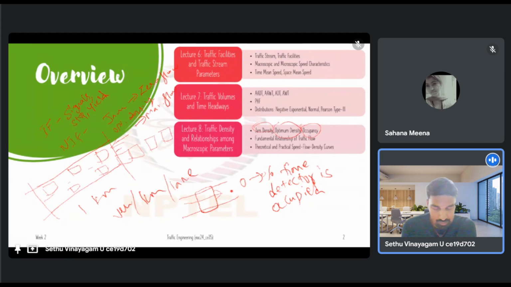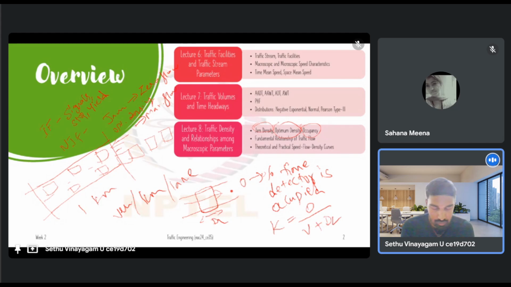So why are we interested in looking at occupancy? Because occupancy and density have a relationship, right? It is expressed as the density K equals occupancy divided by the average vehicle length plus the detector length. The occupancy divided by the vehicle length plus detector length gives you an estimate of the density.